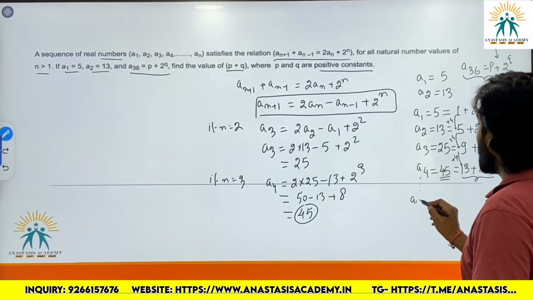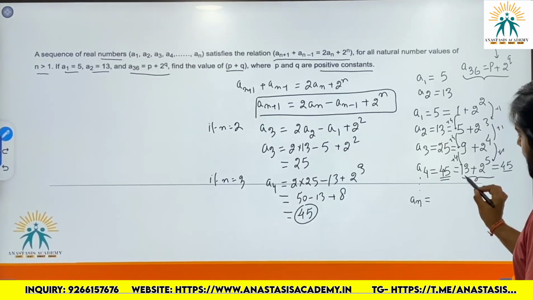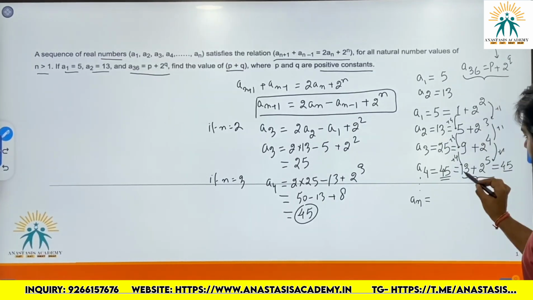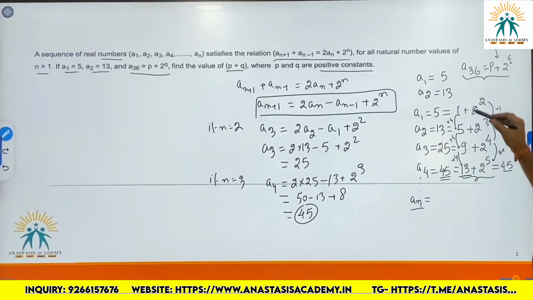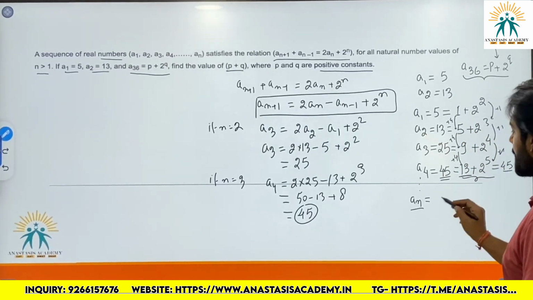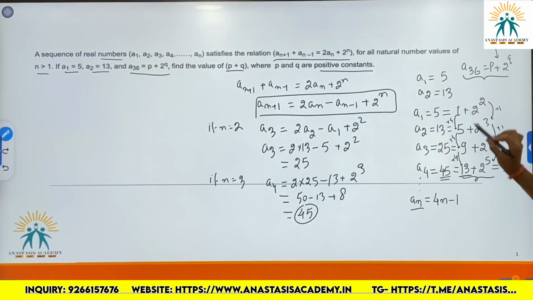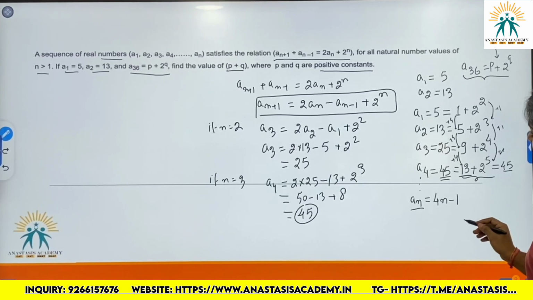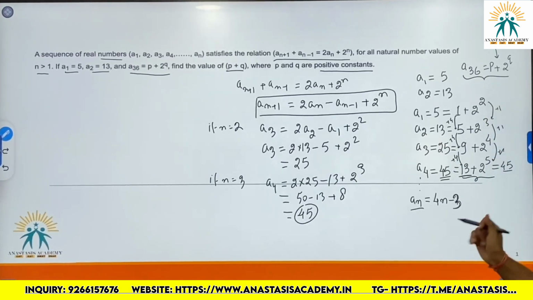So I can write the nth term of this series as follows. The first part of the nth term would be governed by the nth term of this AP, that is 1, 5, 9, 13 with a common difference of 4. I can write the general term of this AP as 4n minus 3.